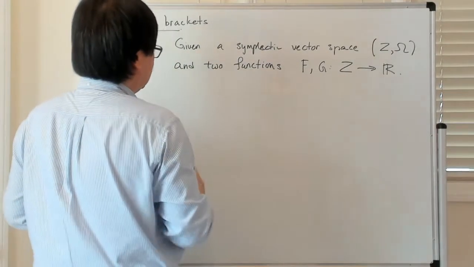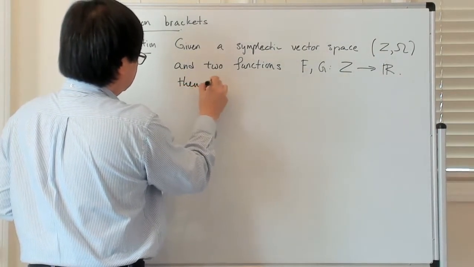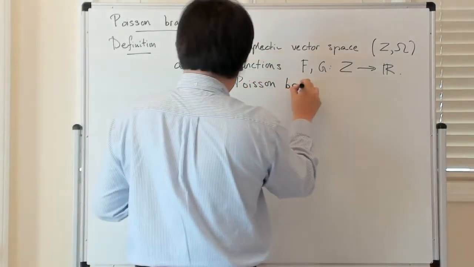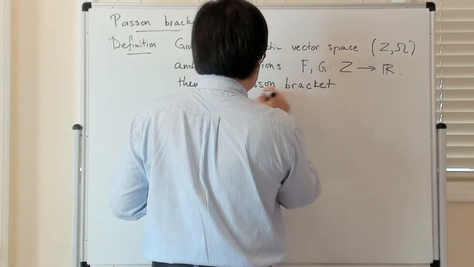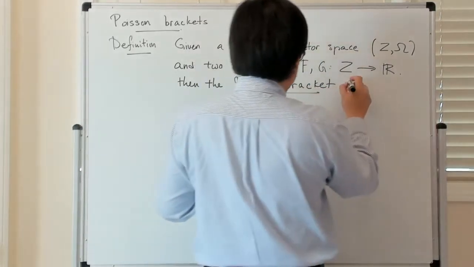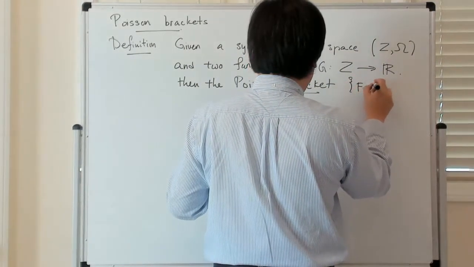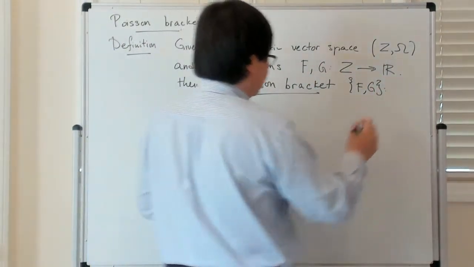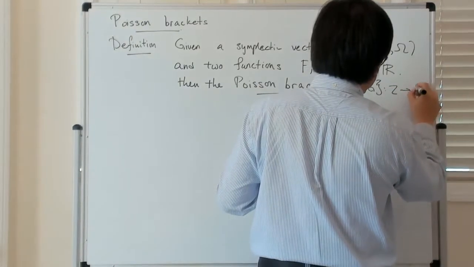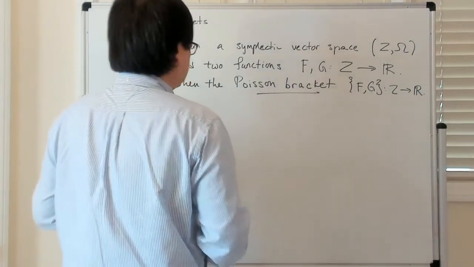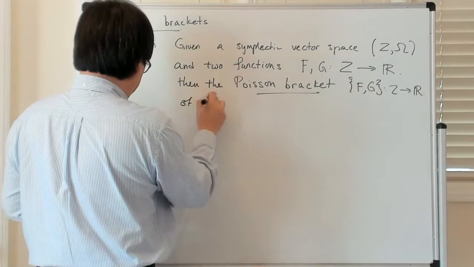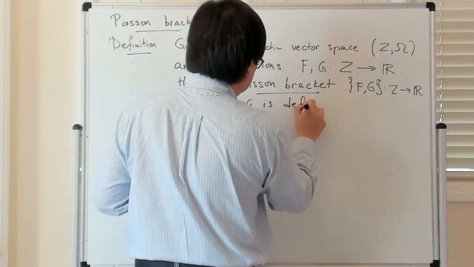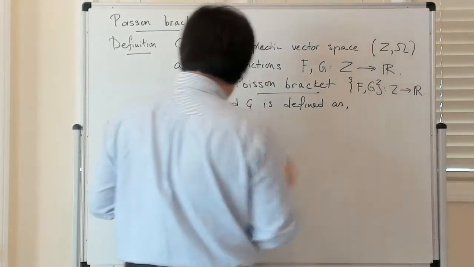Okay, then the Poisson bracket of these two functions. So you take the Poisson bracket of these two functions, and you again get another scalar valued function, of f and g, which is defined as the following.